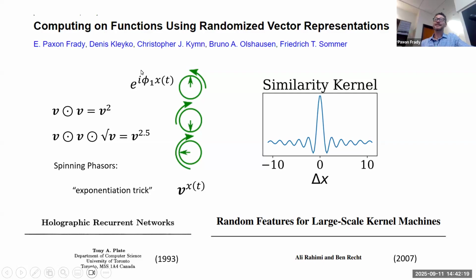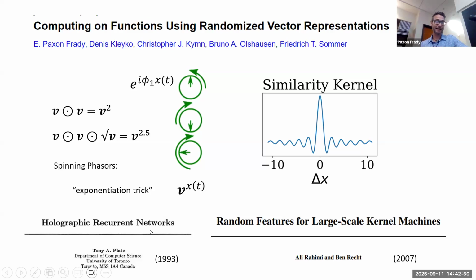What that does is create an encoding of a manifold. It induces a similarity kernel that represents the manifold, so points that are close together on the manifold have high similarity, and then it falls off to 0. In this paper, we describe all sorts of ways you can shape this kernel, and all sorts of ways you can make different types of structures like circles and toruses.